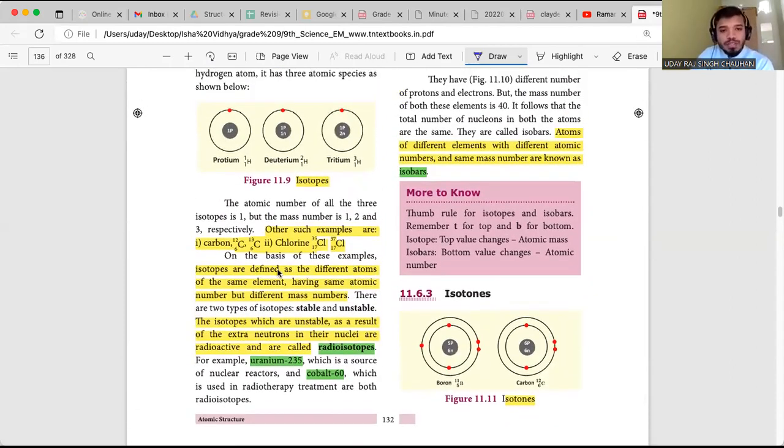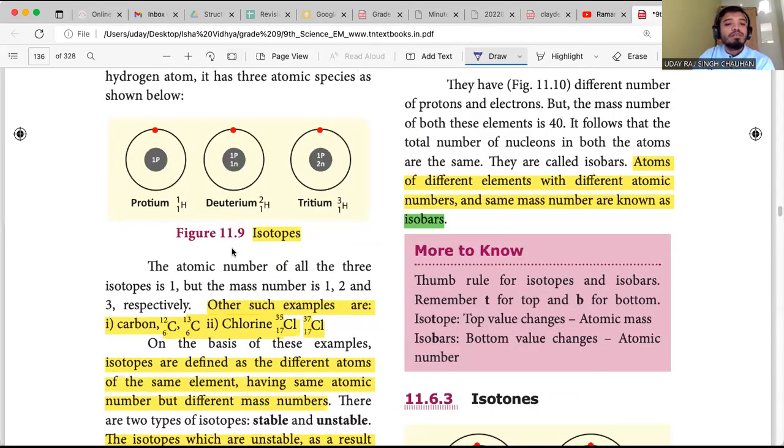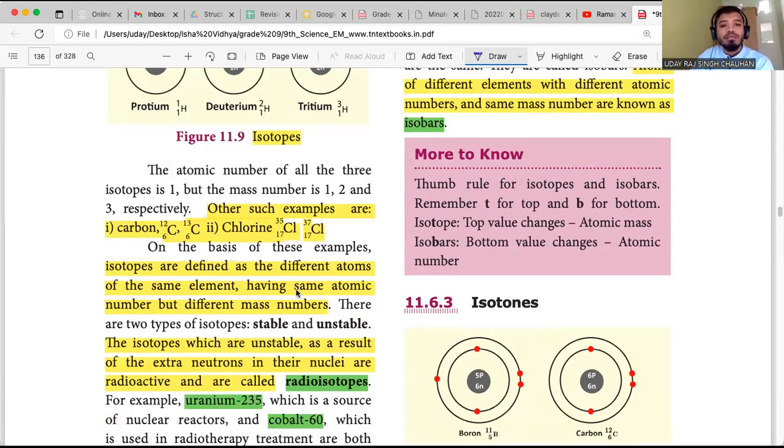Isotope is defined as different atoms of the same element. If it's the same element, they will have the same atomic number but different mass number.